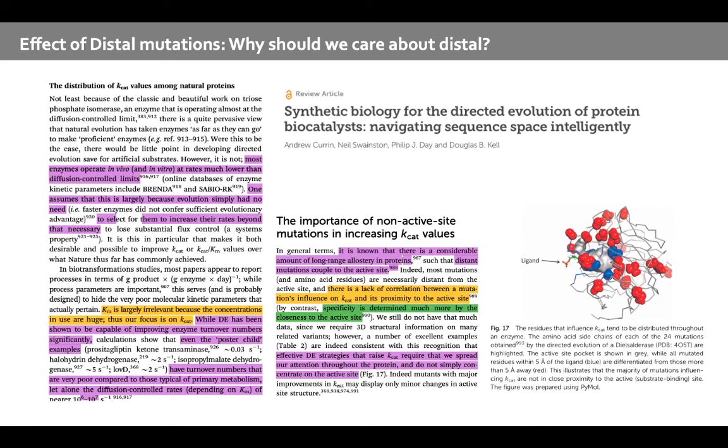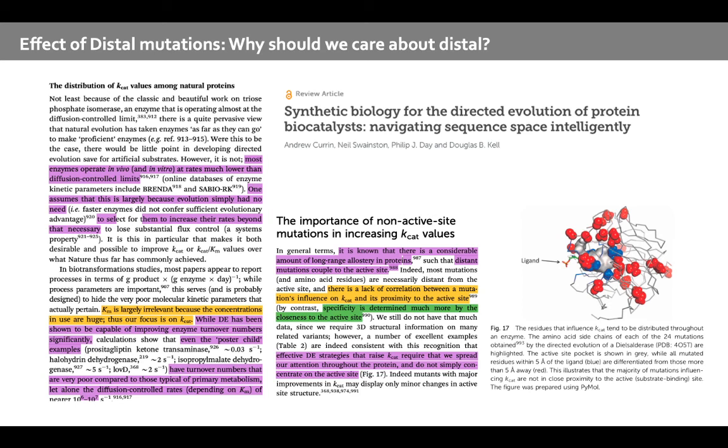Here also he highlights that usually in industry, these enzymes that are used in industry, you use high concentrations of the substrate. So he says Km is largely irrelevant because the concentrations in use are huge, and so the focus is on KCAT.